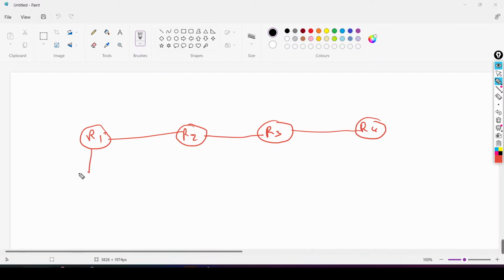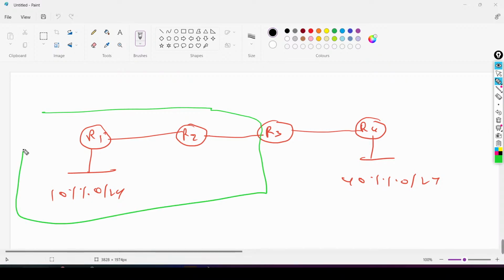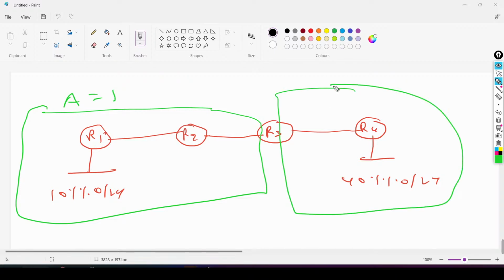Here I have one LAN. Here I am running 10.1.1.0/24. Here I have one LAN, 40.1.1.0/24. Okay. Suppose this is my area, not 0, let's say 1, and this is my, let's say, area 2.